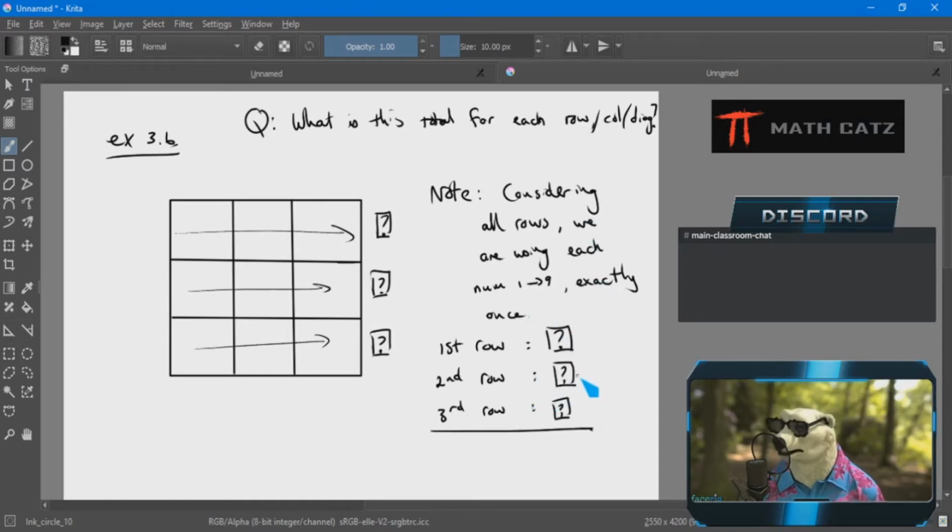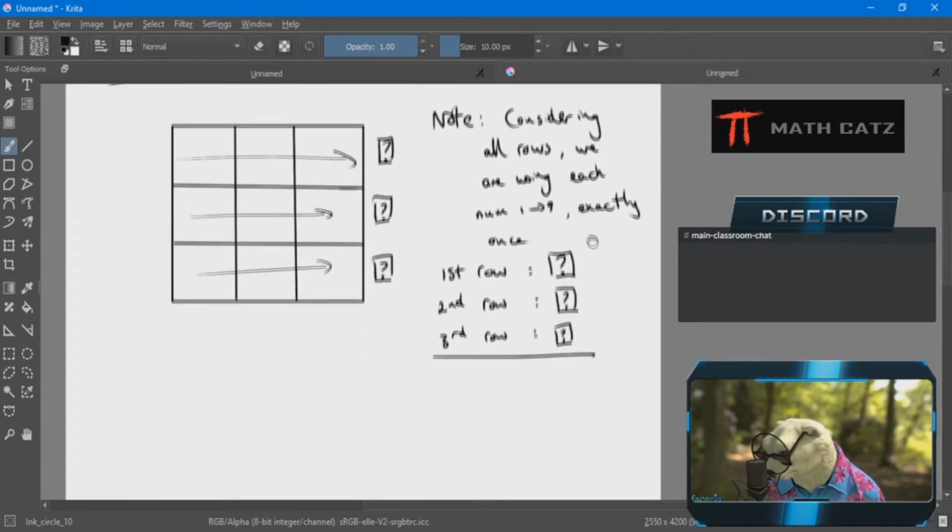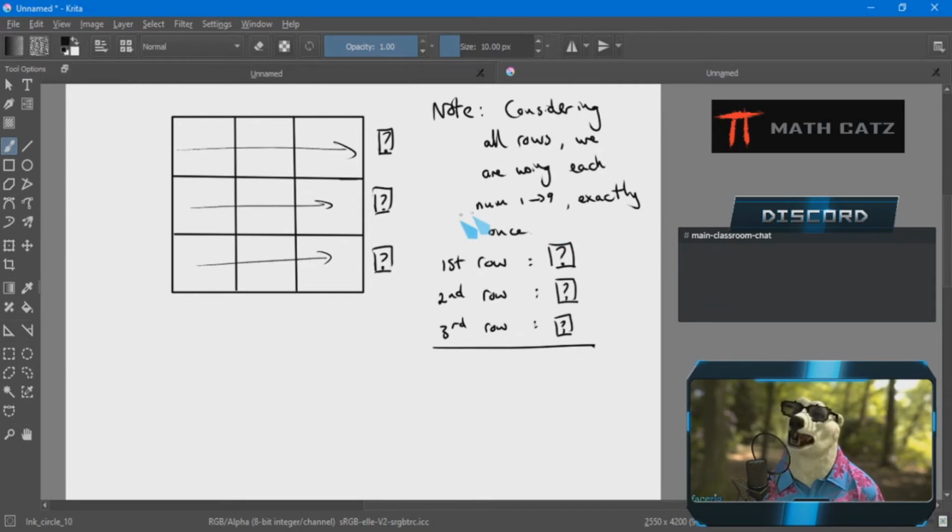If I add up all of these, my total is 3 question marks in a box. But observing that in doing that, I have just counted every number in a specific way, row by row.